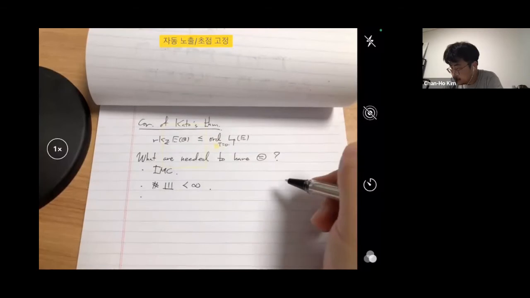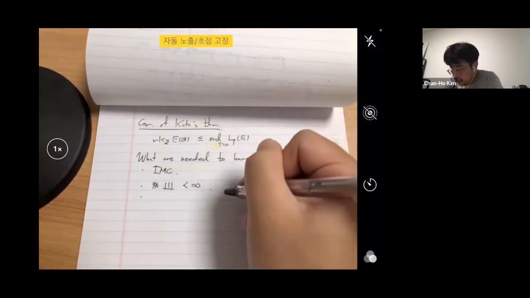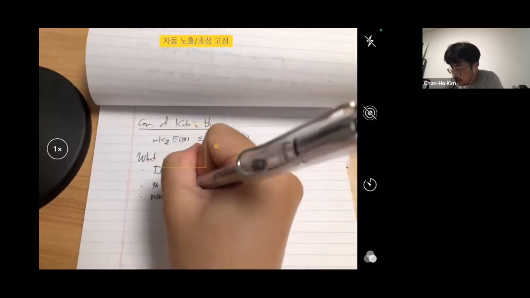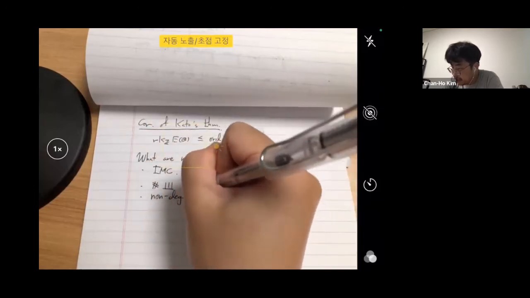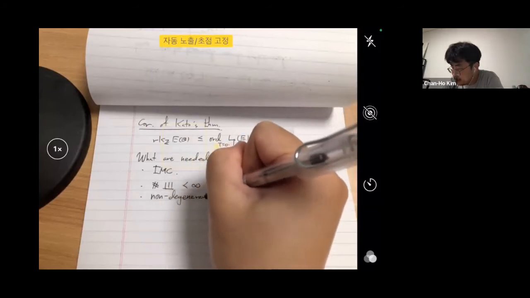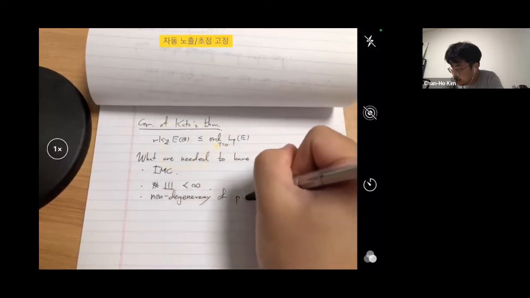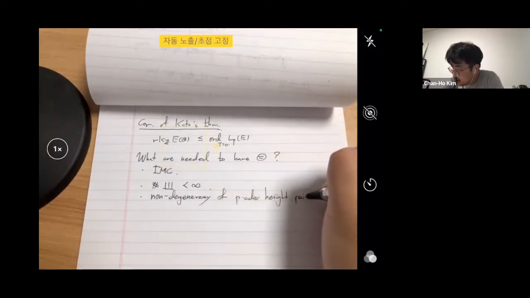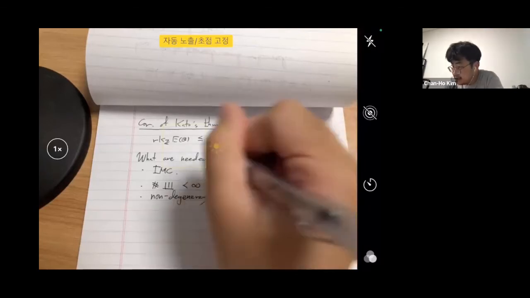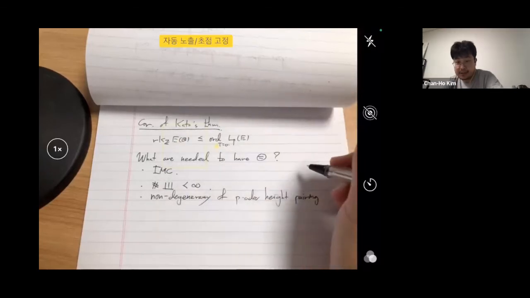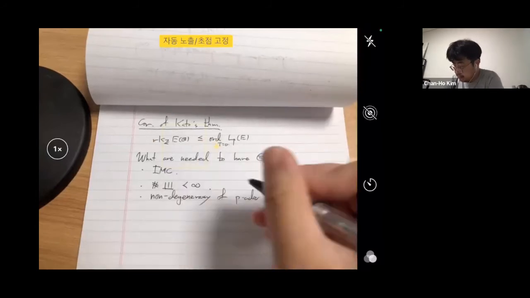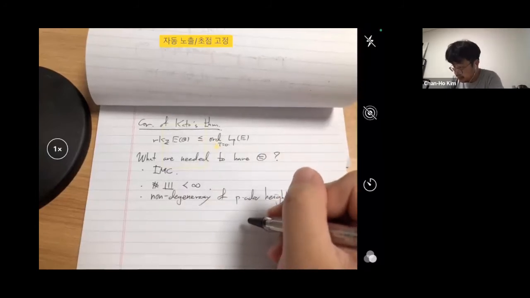And this is also a non-trivial thing, which I would not explain in detail, but let me just state it: the non-degeneracy of the p-adic height pairing. So these are some applications of the Iwasawa conjecture.